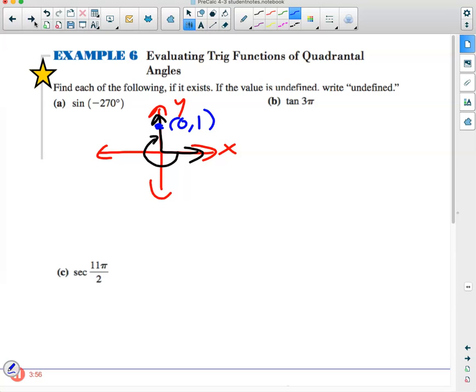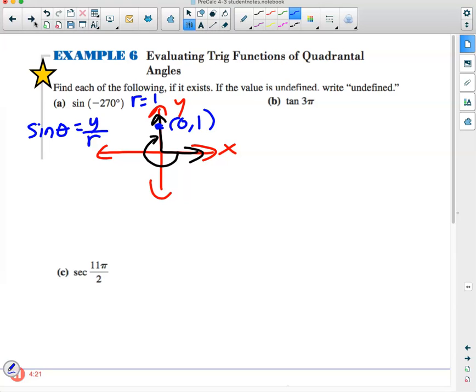And now I think about sine, and I remember, okay, sine is y over r. That's our coordinate trig. Well, given that I just drew this at (0, 1), the radius would be the circle from the center, and that means it has a radius of 1, which makes this even better.